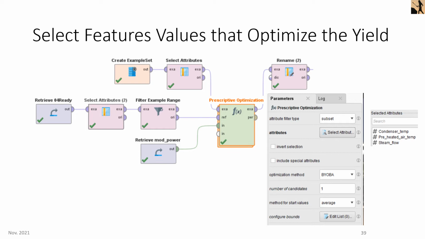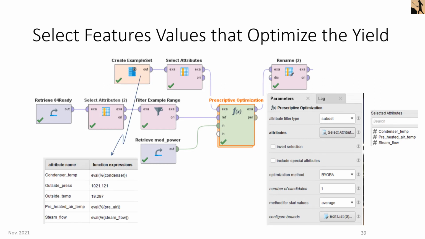And so for this prescriptive optimization, there are some parameters you have to set. Again, it is basically to say what is adjustable and what is not, and you can read it. And then, as I mentioned earlier, just for illustration purposes, we first create this example set so we can run the optimization, okay?